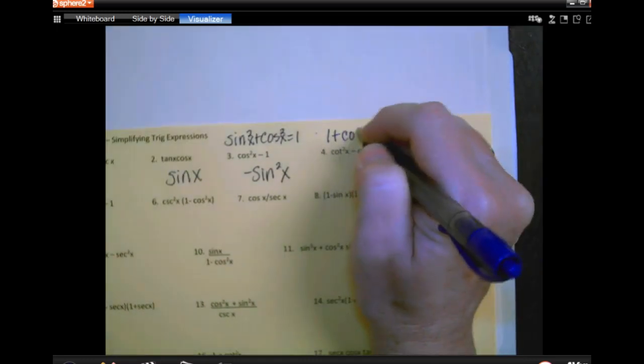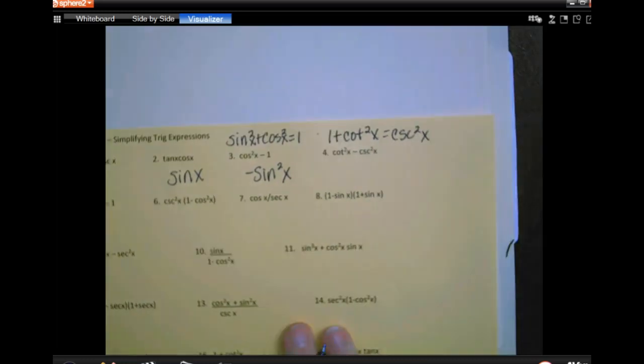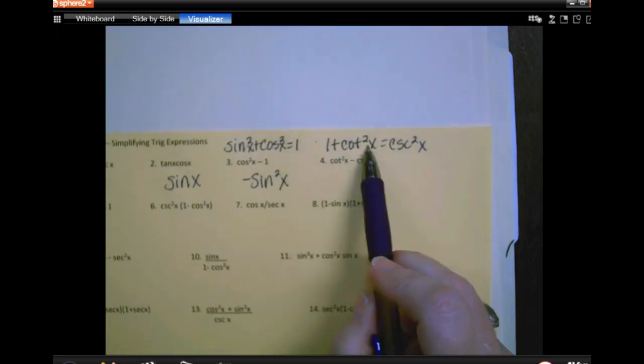What about cotangent minus cosecant? So this is cotangent minus cosecant, so it's negative 1.